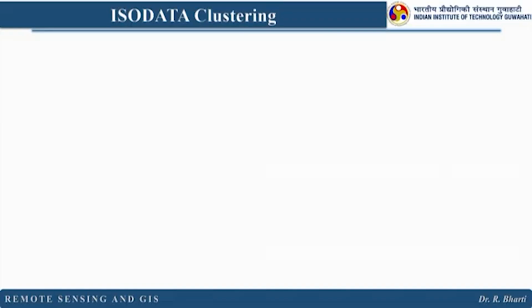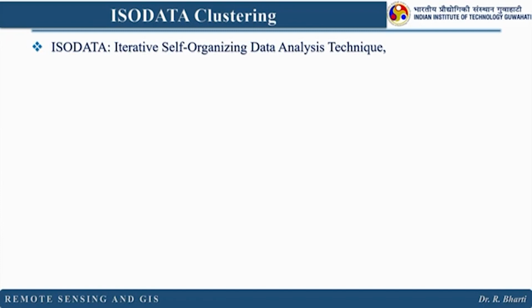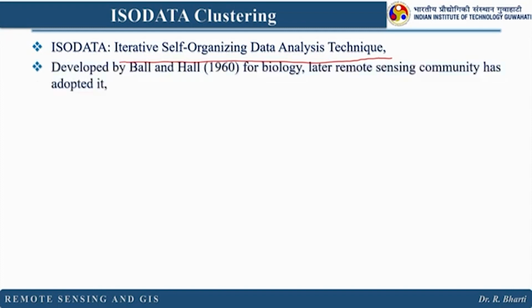So the next method is ISODATA clustering. ISODATA is the acronym for Iterative Self-Organizing Data Analysis Technique, and it was developed by Ball and Hall in 1960 for biology. Later the remote sensing community adopted it.